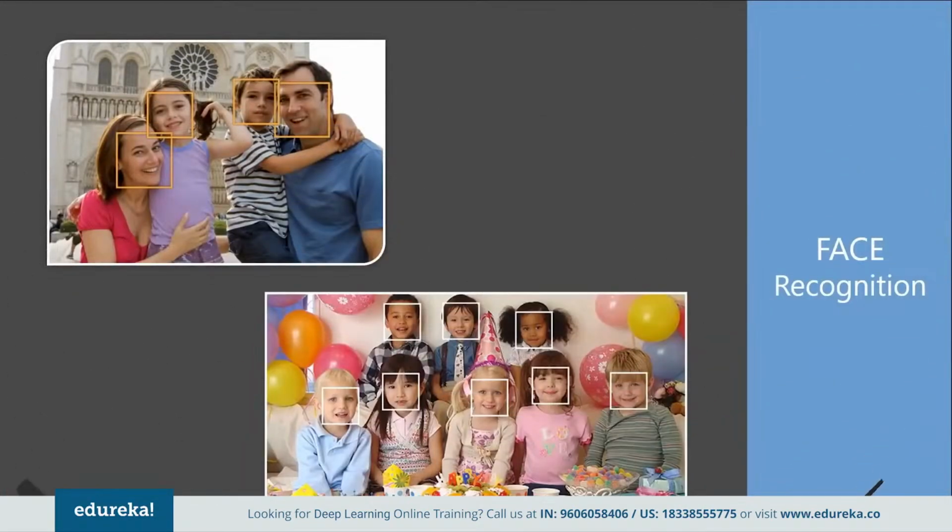Now let's have a look at a few of the object detection applications. The first use case is facial recognition. Popular applications include face detection and people counting. Have you ever noticed how Facebook detects your face when you upload a photo? That is due to their facial recognition algorithm. This is a simple example of object detection that we can see in our daily life. Even DSLR cameras and our phone cameras also detect faces.